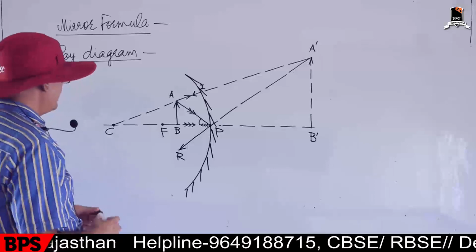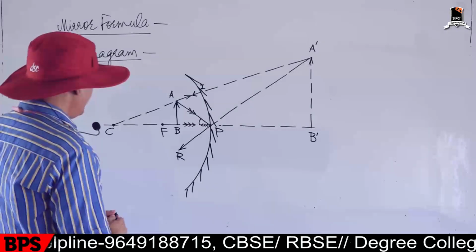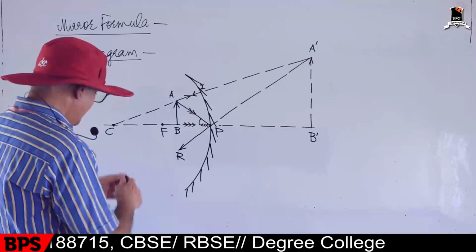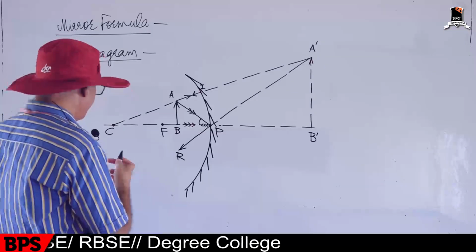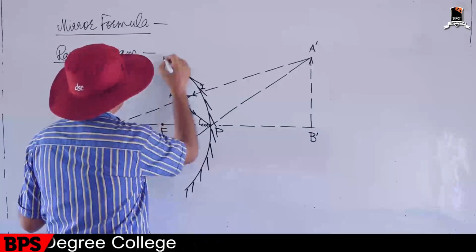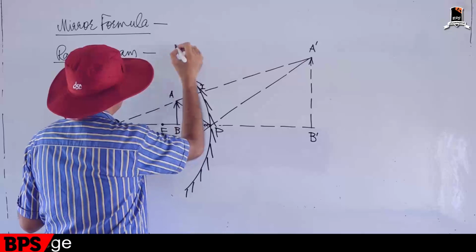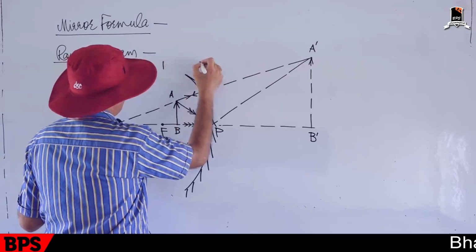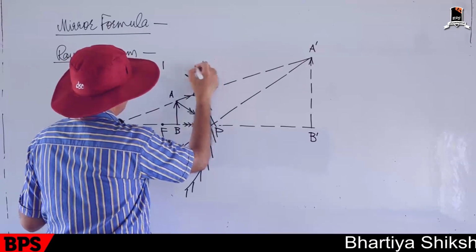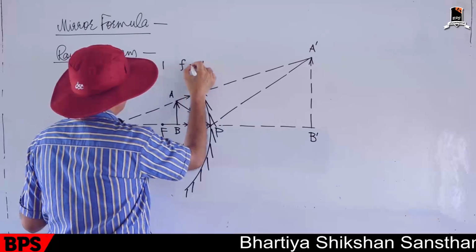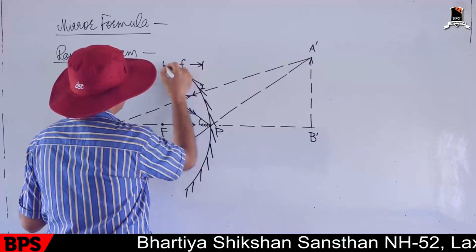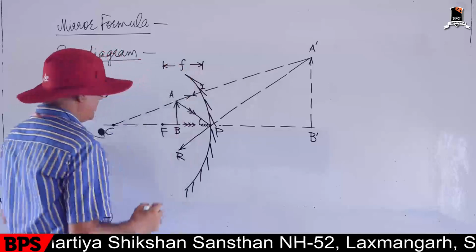Now what are the distances involved? As usual, the distance between point F and point P is called the focal length of the mirror. This is the focal length.